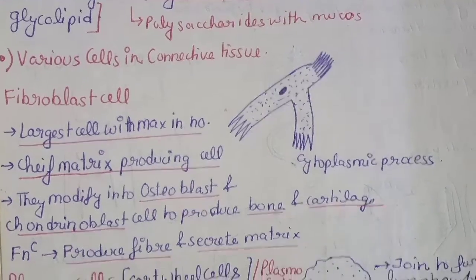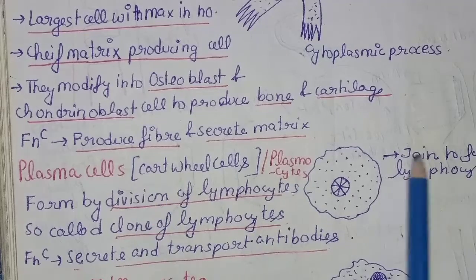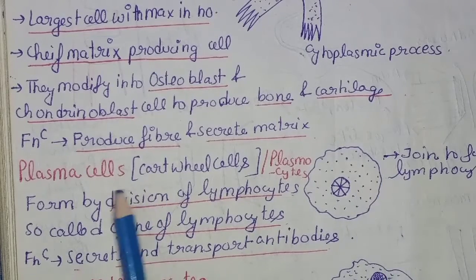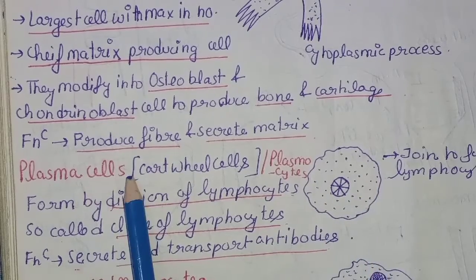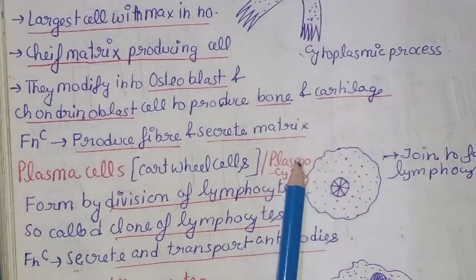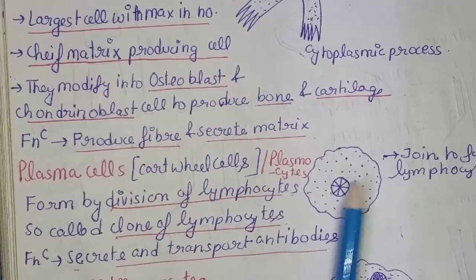Now coming to the plasma cell. As you can see, it is a cartwheel structure. It is called plasma cells, also called plasmocytes, and also called cartwheel cells.